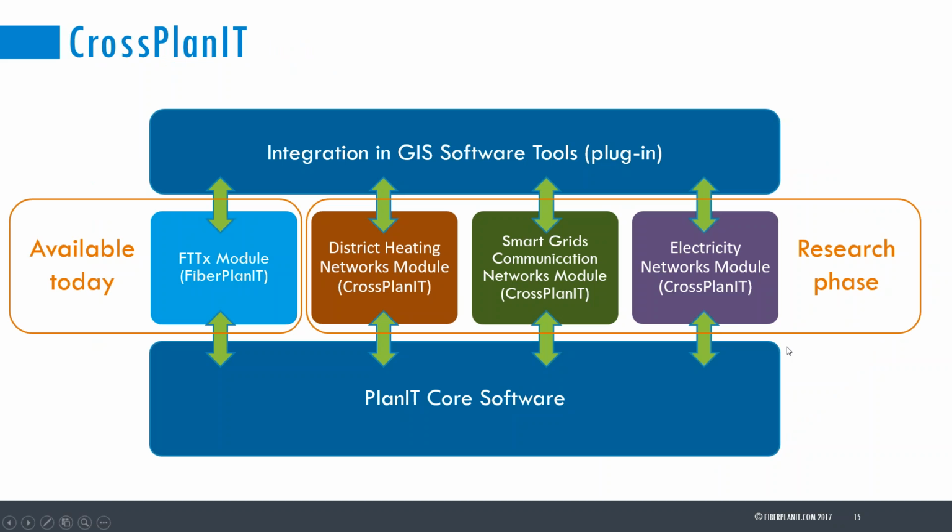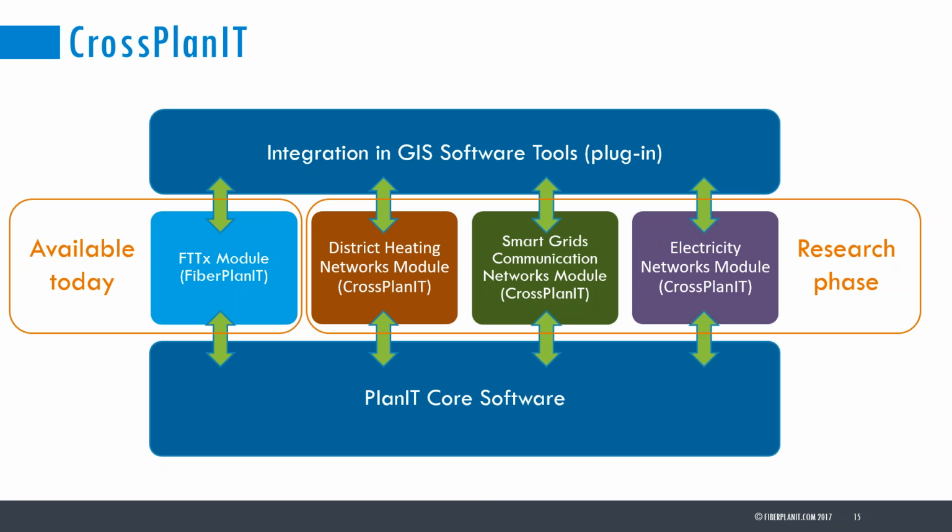Now, another topic which we are focusing on. Next to our FiberPlanIT solution, we are doing quite some research into other utility sectors, related to district heating networks, smart grid communication networks, and electricity networks.